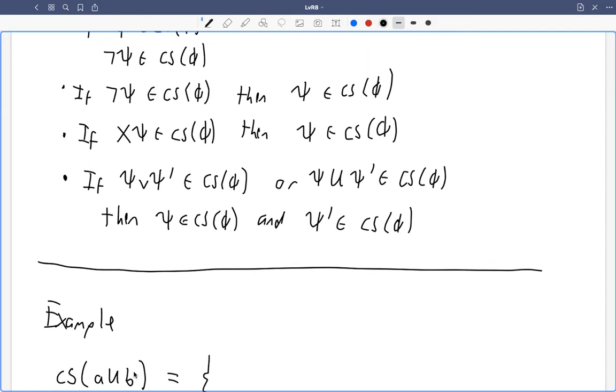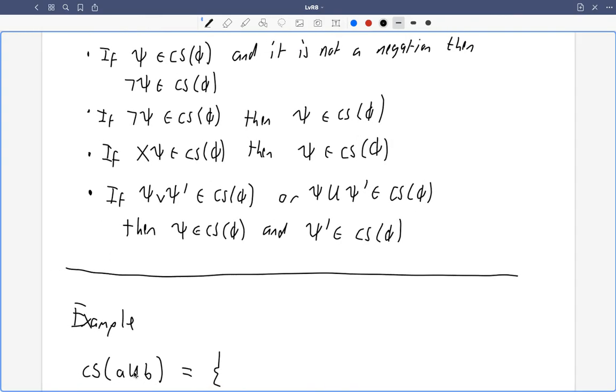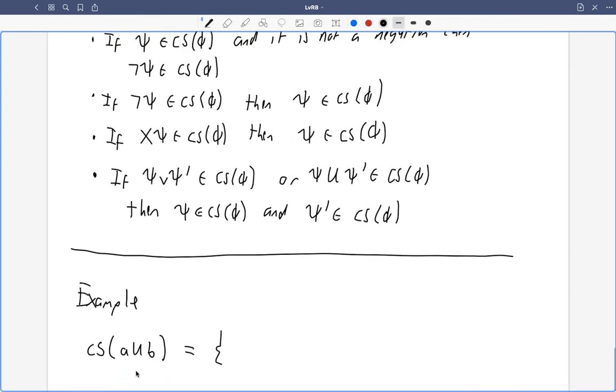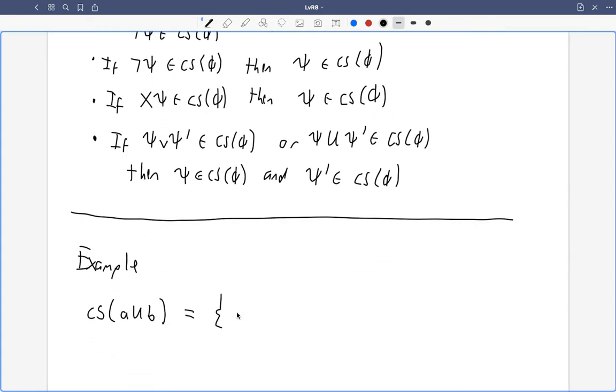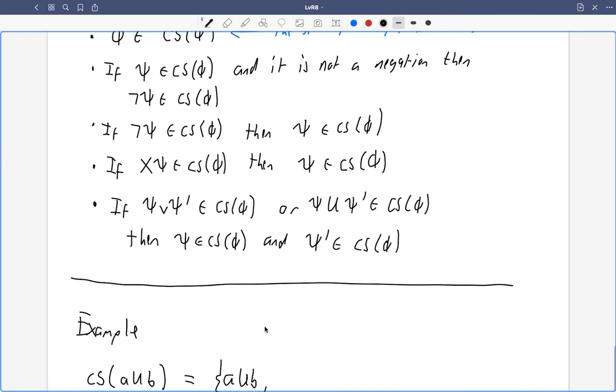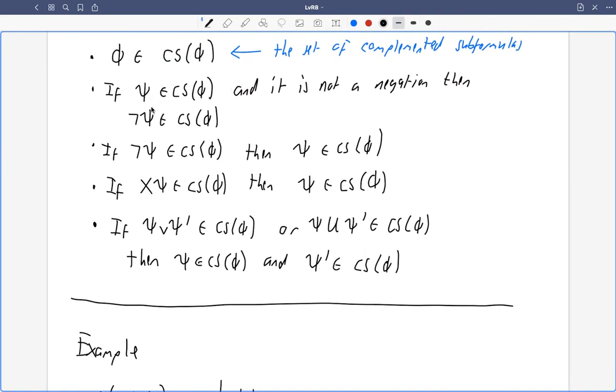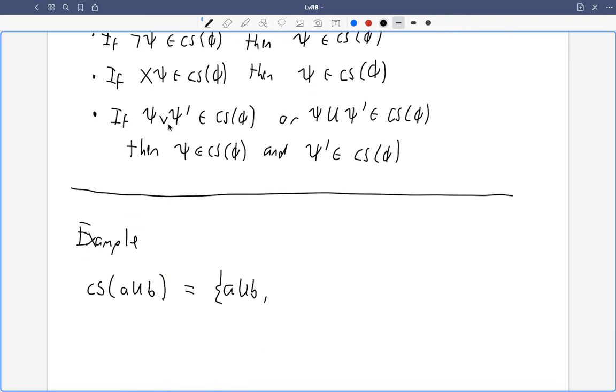We can get this from the rules, because firstly, the formula itself belongs to the complemented subformulas. So we need to put A until B in there. Once that's gone in, psi is now A until B. It's not a negation, so its negation goes in. So not A until B goes in.